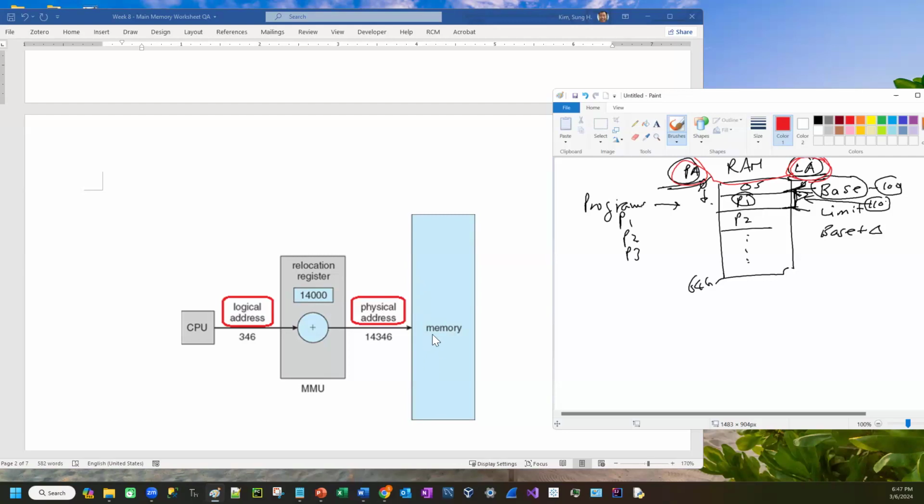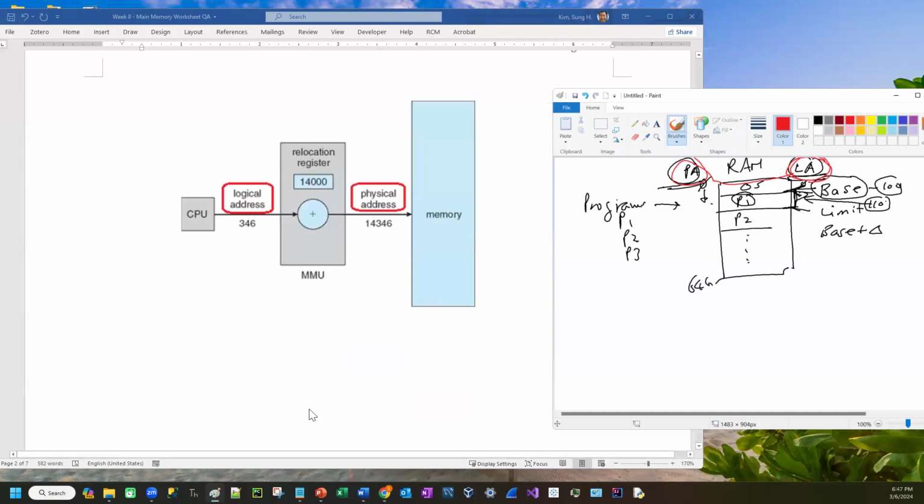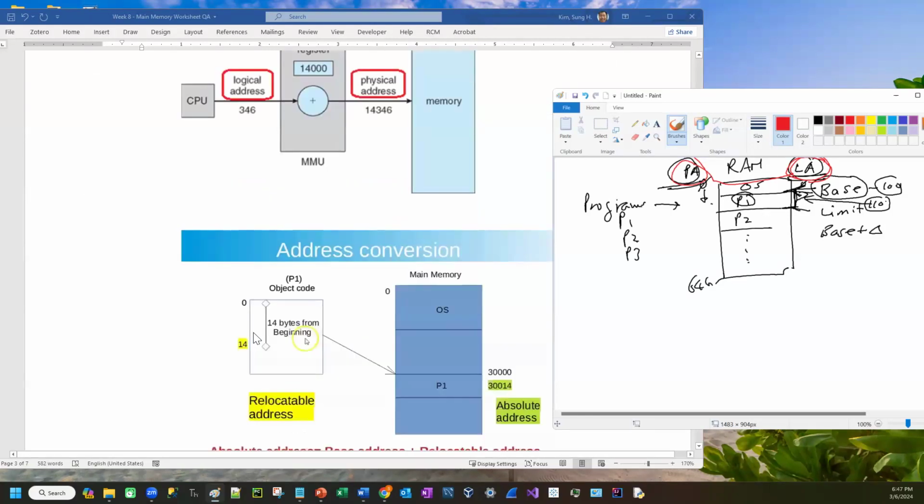Because when we access the memory, the only address it understands is the physical address, right? So we used to use the CPU directly with the RAM using the physical address, but because we want to do all kinds of schemes to allow us to use RAM more efficiently, we are now using the logical address. Okay? So this is an overhead, but it is an overhead that is worth it.